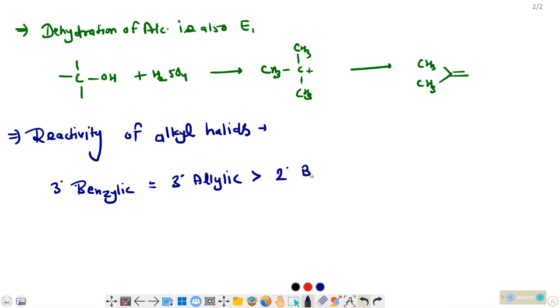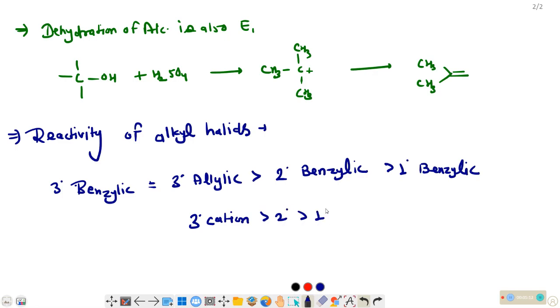Then 2 degree benzylic, same as 1 degree benzylic. And again we can say that a simple carbocation, which is 3 degree carbocation, then 2 degree, then 1 degree. So this is the order of rate of reaction.